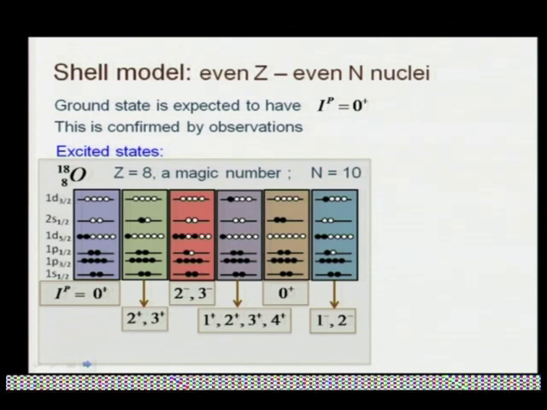So, these are some possibilities. There are other possibilities as well that you can think about. For example, in the last case we have actually jumped to s half. We could actually go to s half instead of d 3 by 2, and there it will be 0 minus and 1 minus.